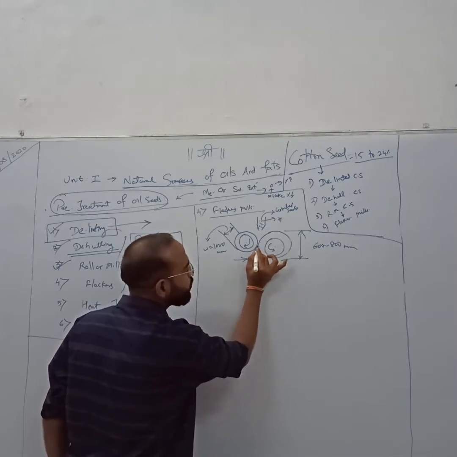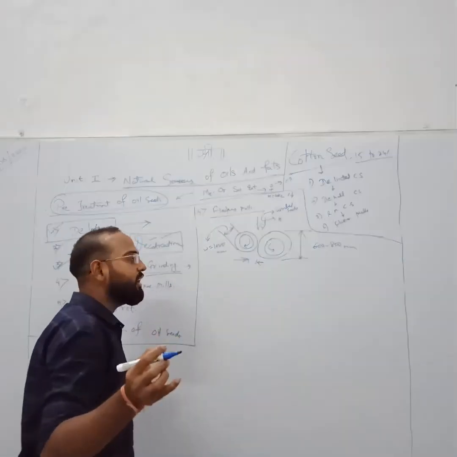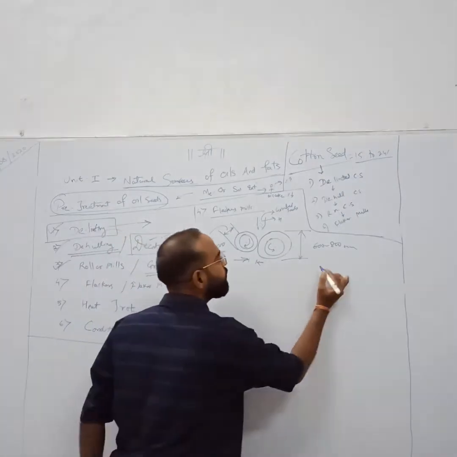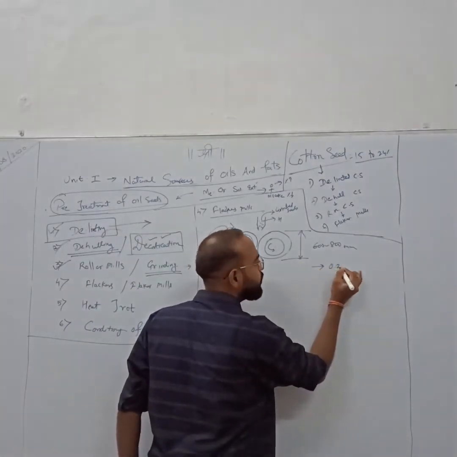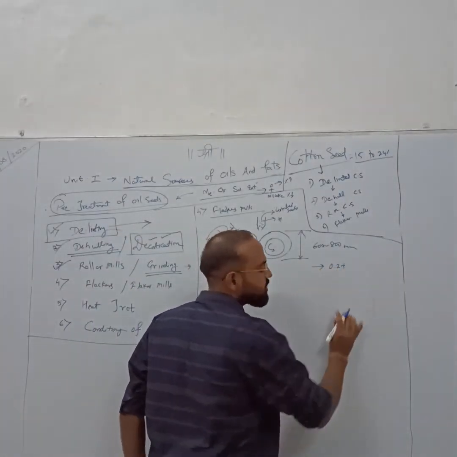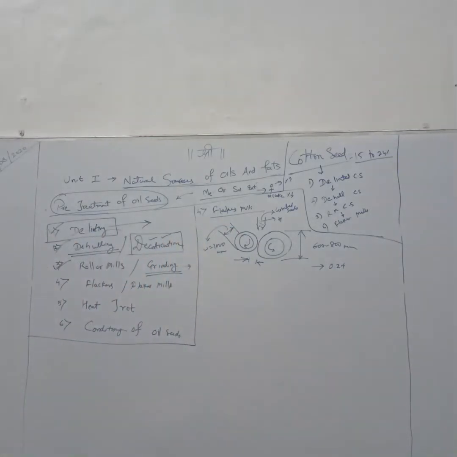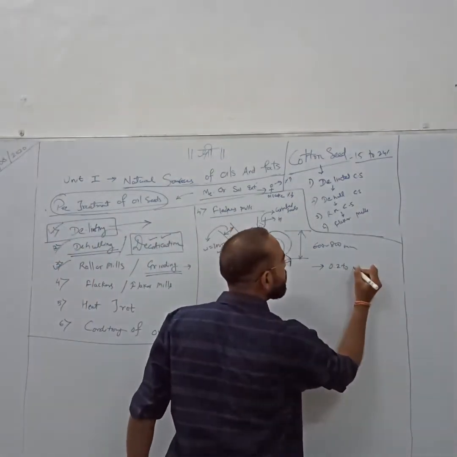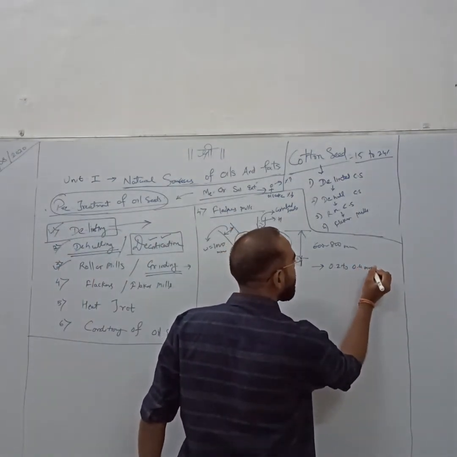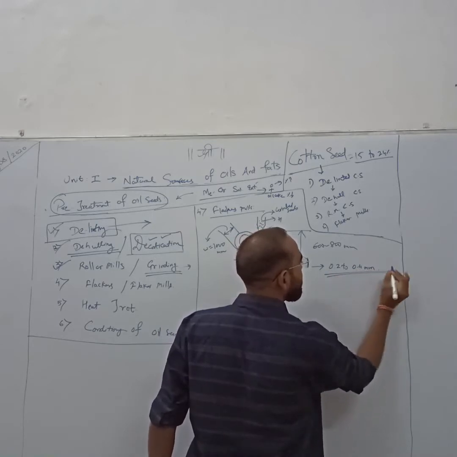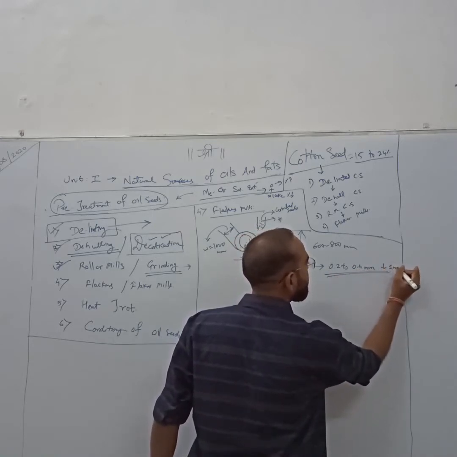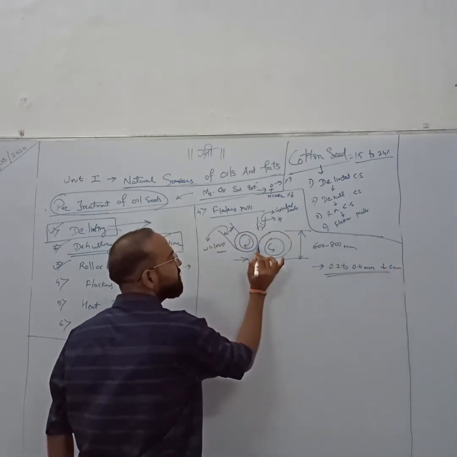The clearance between two rollers is very less, just to make a flake of 0.2 to 0.4 mm. It's below 1 mm, so the clearance is very less.